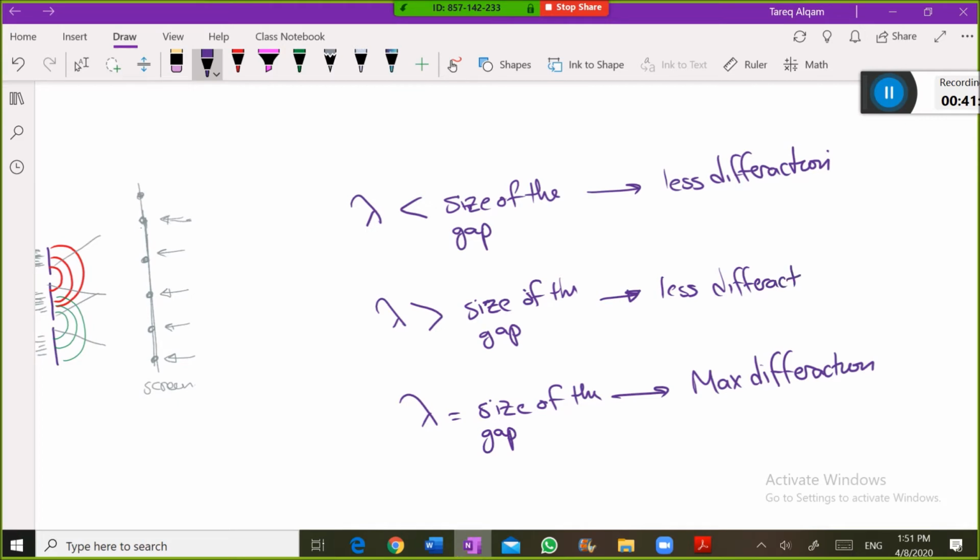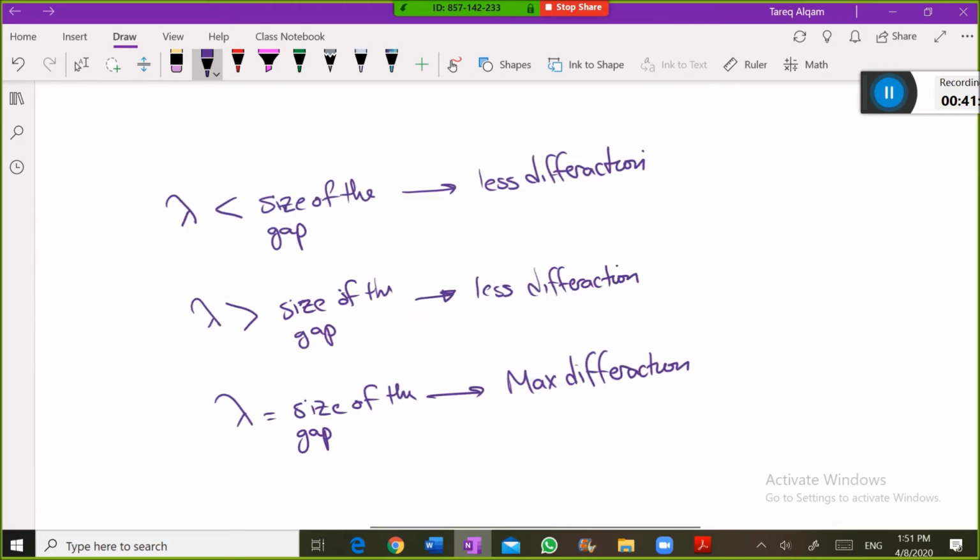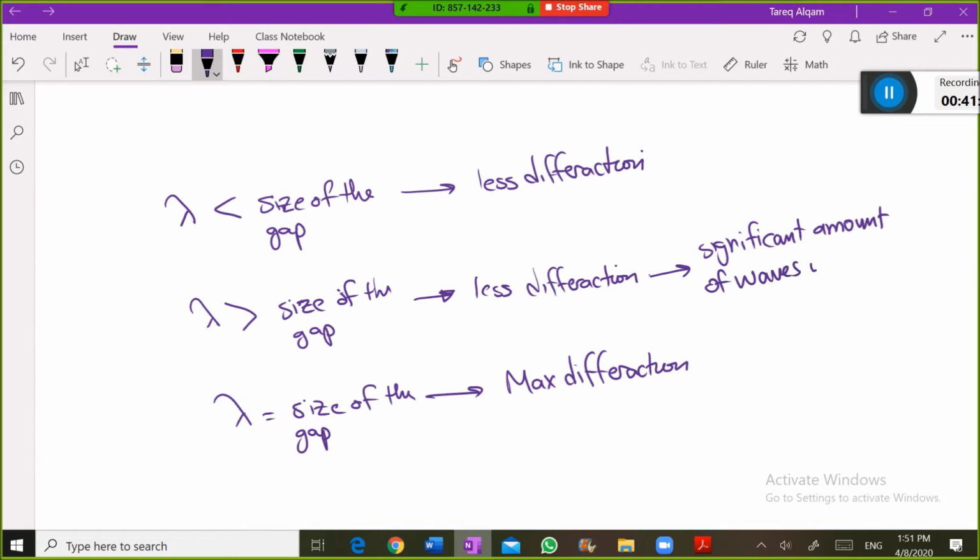Why less diffraction? Because here we have a significant amount of waves that will be reflected.